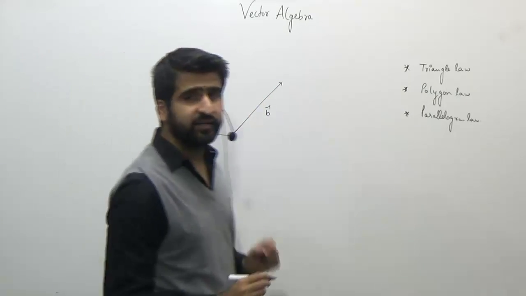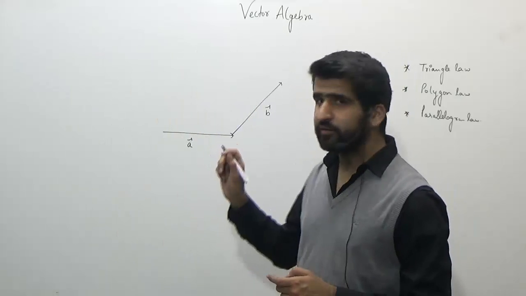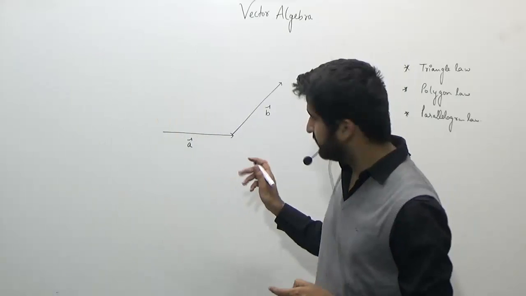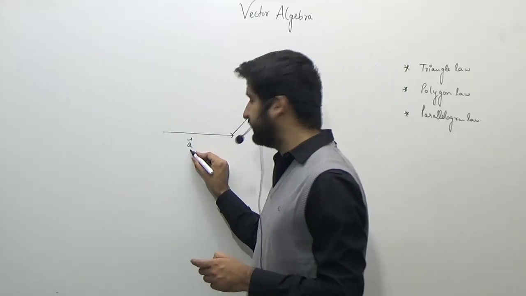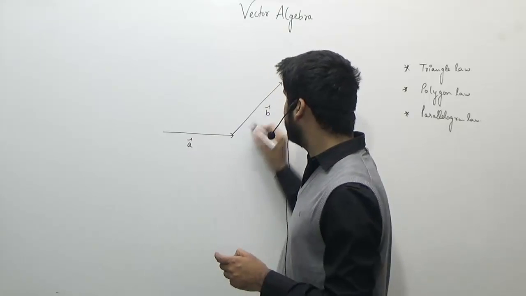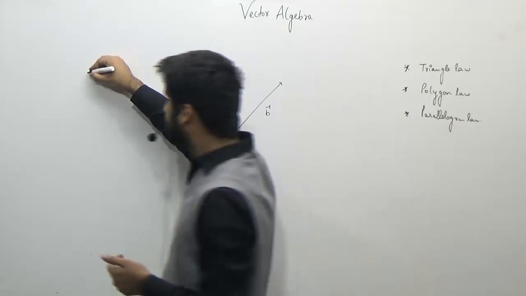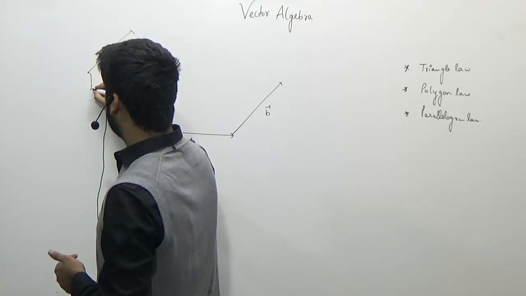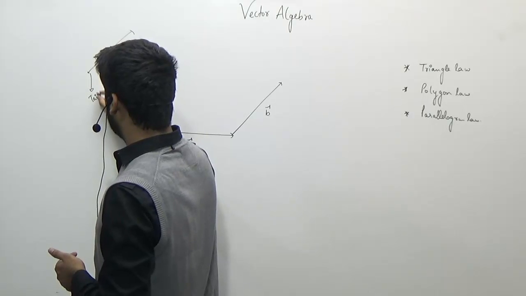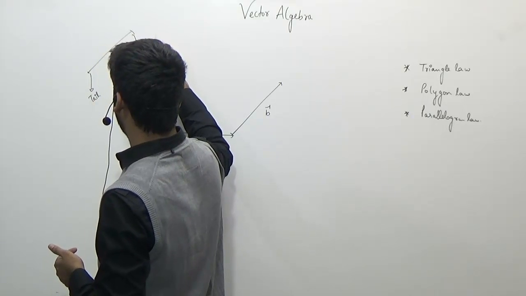If I'm trying to add these two vectors by triangle law, the basic condition is that the head of this vector, or the terminal point, will join the tail of B vector. What do I mean by head and tail? The initial point I refer to as the tail, and the final or terminal point is the head.